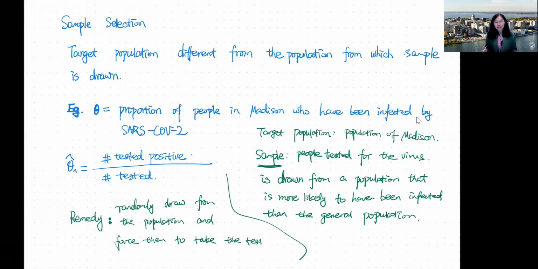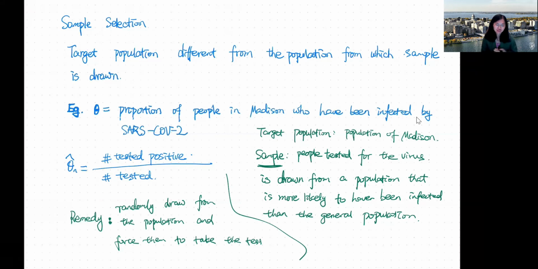And of course, you might say this is not ethical. It's not possible politically or legally to randomly draw a sample from the population and force them to take the COVID-19 test. So there might be other ways around it.